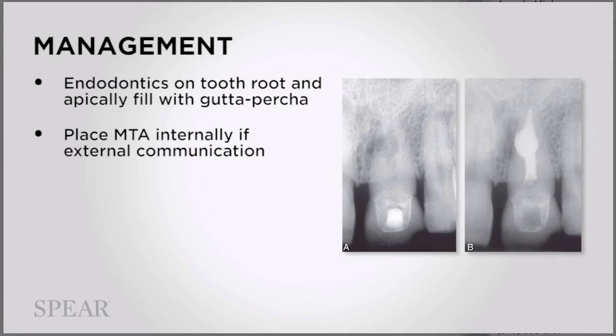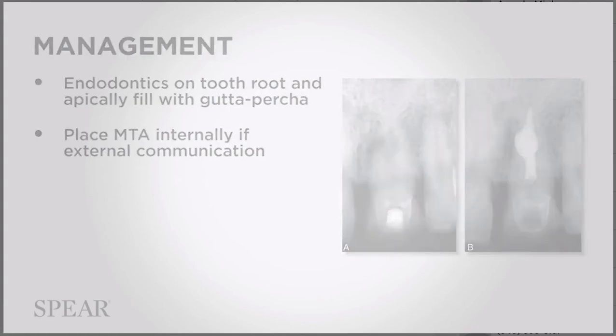And you can get that in a lot of different forms that are out there. But what that material has as a unique property is it allows bone to form right up to that material. So in a case like this where there may be some communication between the inside of the root of the tooth and the outside of the root of the tooth through that internal resorption, managing this internally by placing MTA into that area is really what you want.